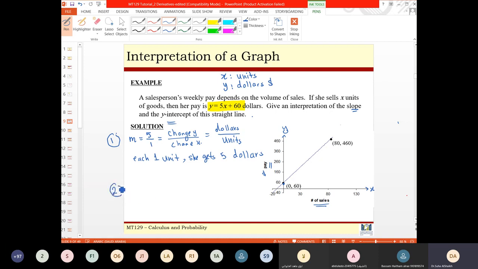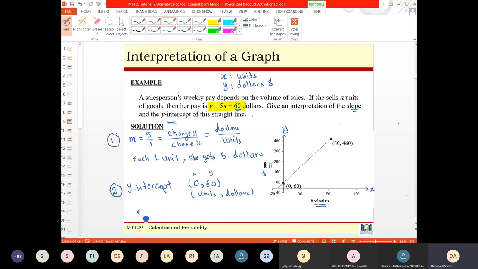In number 2, I'm gonna take the 60, the y-intercept. The y-intercept is 60, which is 0 and 60. هذا y-intercept. Again, هذا x وهذا y. What is x? Units. What is the y? Dollars.